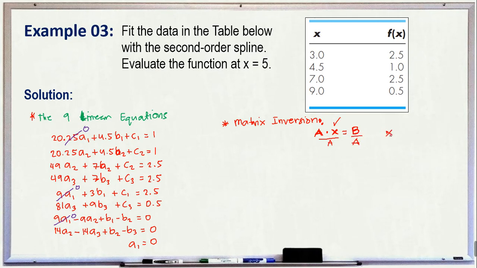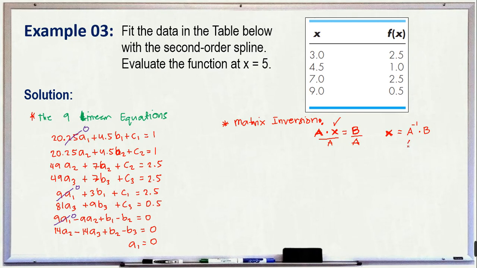So our X column vector matrix is equal to the inverse of A multiplied by B, the constants after the equal sign. Why can we multiply these?